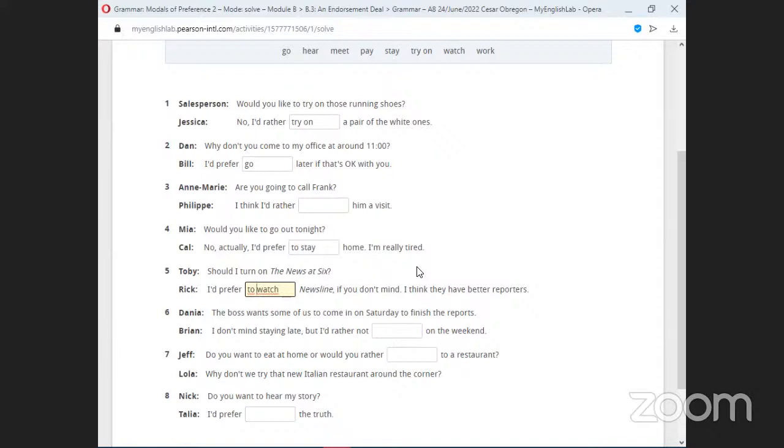The boss wants some of us to come in on Saturday to finish the reports. I don't mind staying late, but I would rather not work on the weekend. Do you want to eat at home or would you rather go?